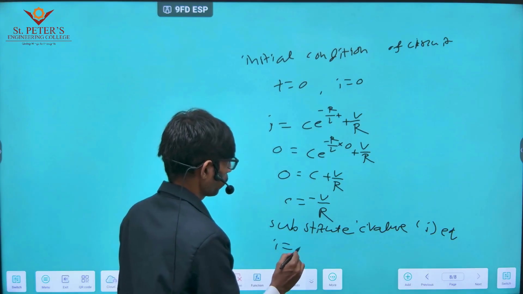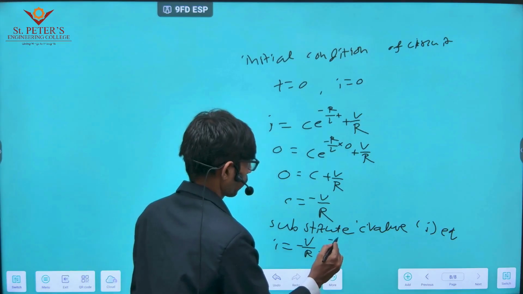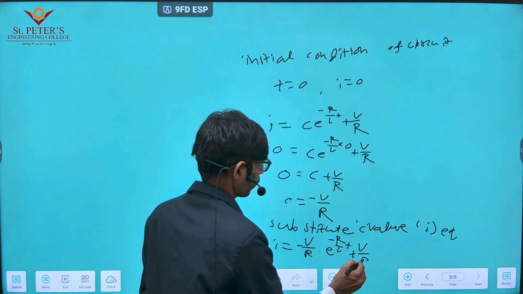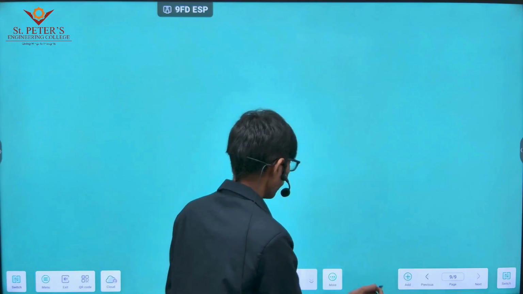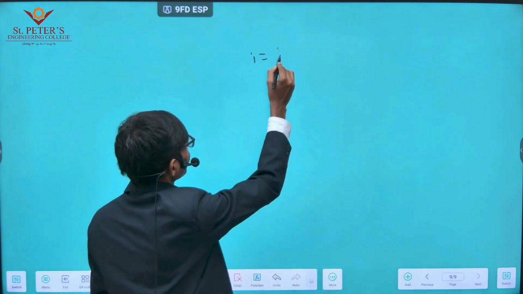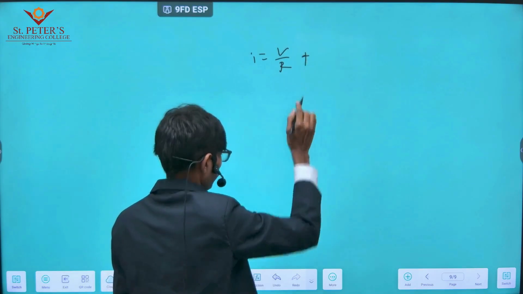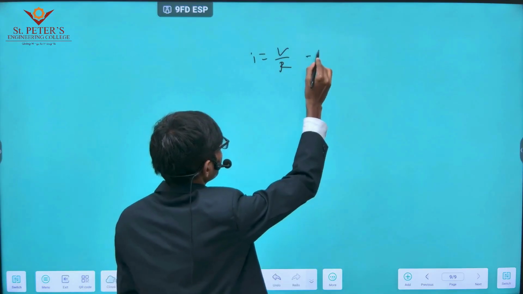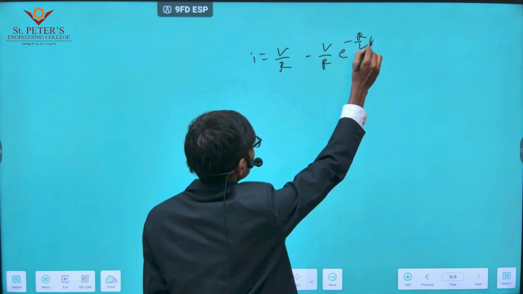I is equal to minus V by R into e to the power of minus R by L t plus V by R. So we can rewrite the equation as I equal to V by R plus minus V by R e to the power of minus R by L t.